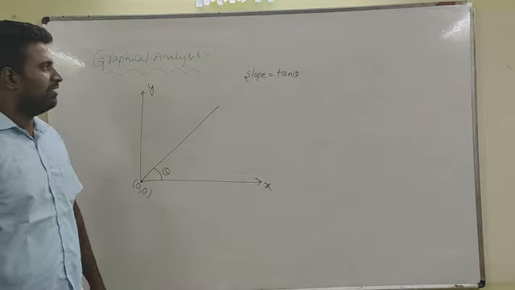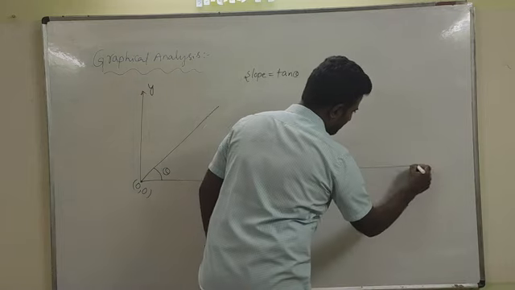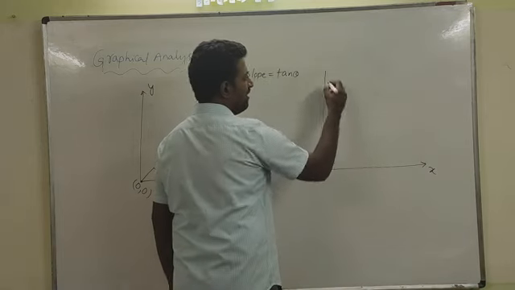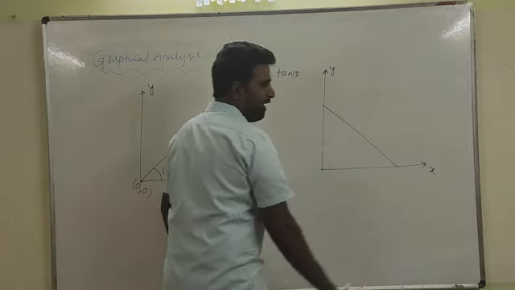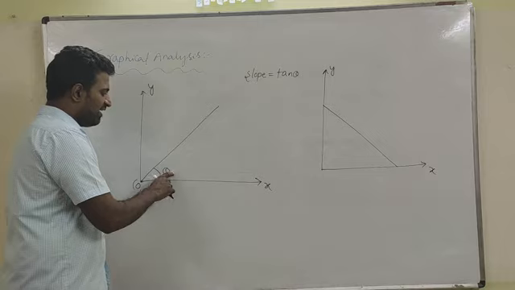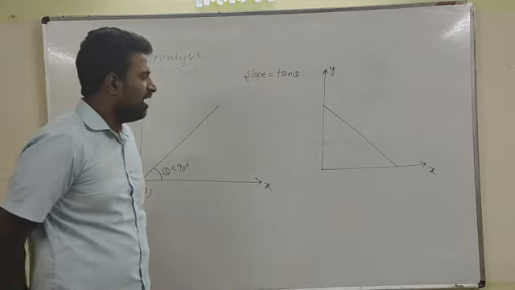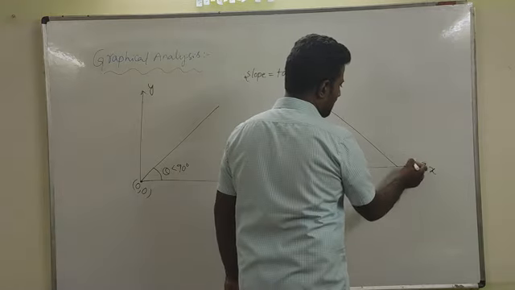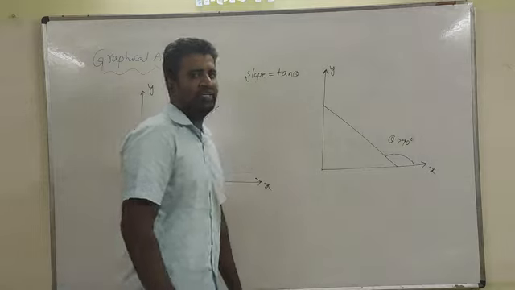Probably you may know that if I take a situation between the x coordinate and y coordinate like this, have you observed the difference between these two cases? This graph is making an angle theta less than 90 degrees with respect to the x-axis, and this graph is making an angle theta greater than 90 degrees with respect to the positive x-axis.